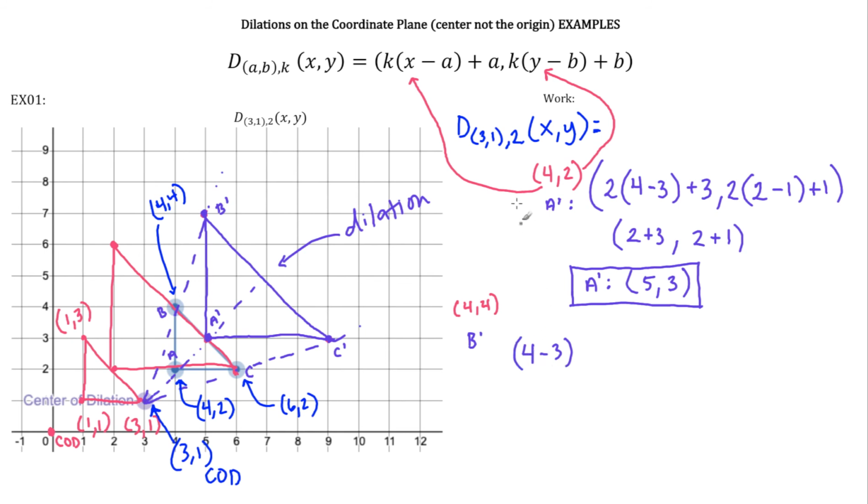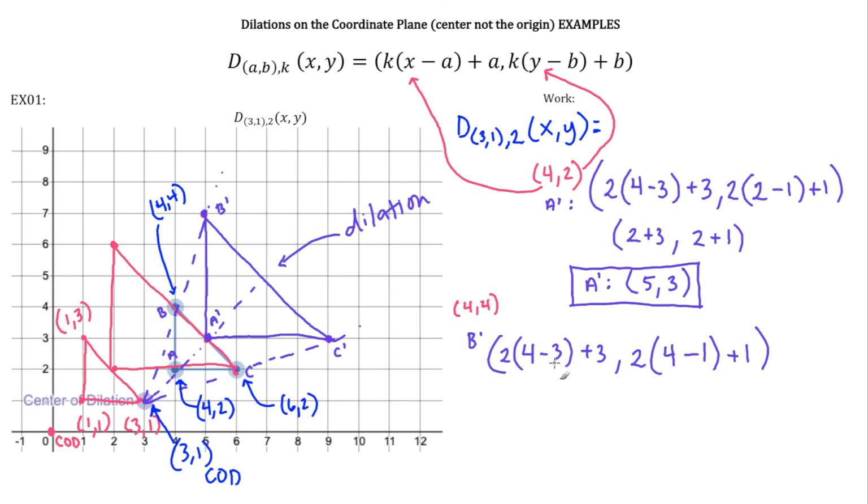I multiply by my scale factor. My scale factor is 2. And then I add the 3 back. So I start off with my y coordinate, which is also 4. I take away that center of dilation y, which is 1. I multiply by my scale factor, which is 2. And then I add the 1 back.